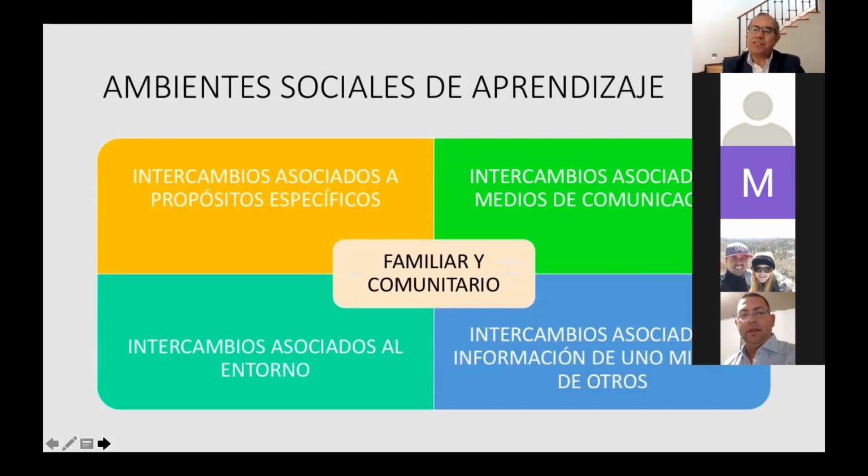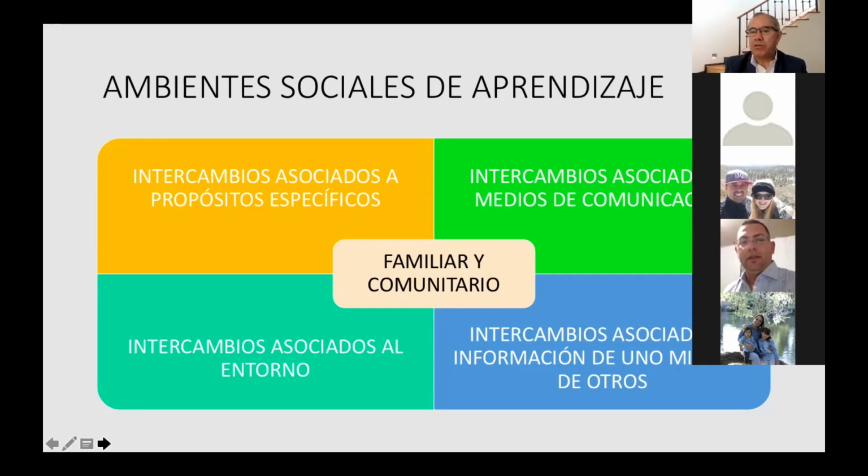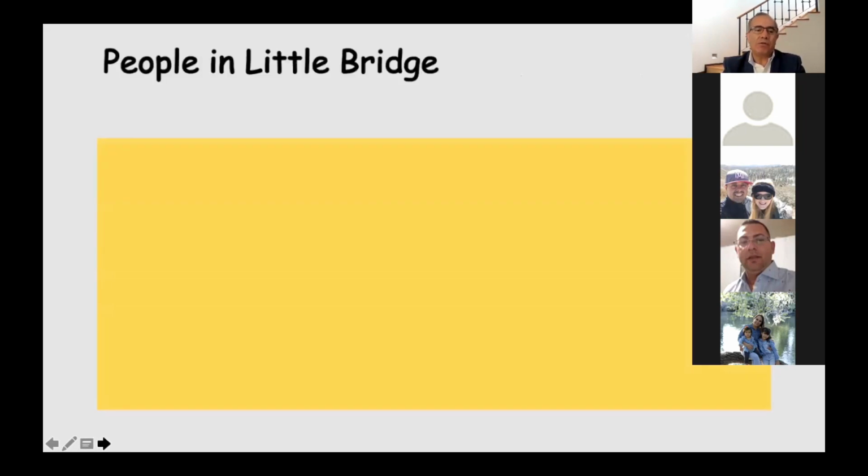So this is the first social environment. Basically this is what you can do a little bit in your context, in your classroom. You can bring information, previous knowledge to the classroom, and then you can ask the students to use that language. So what is the following one?